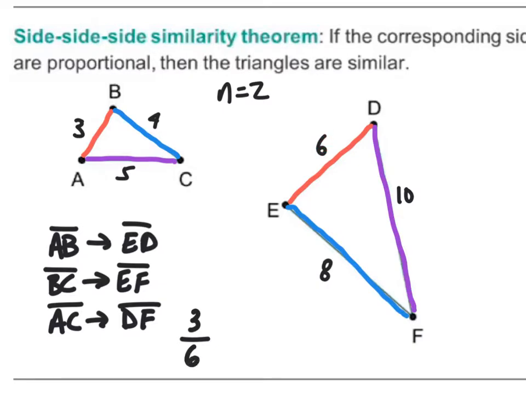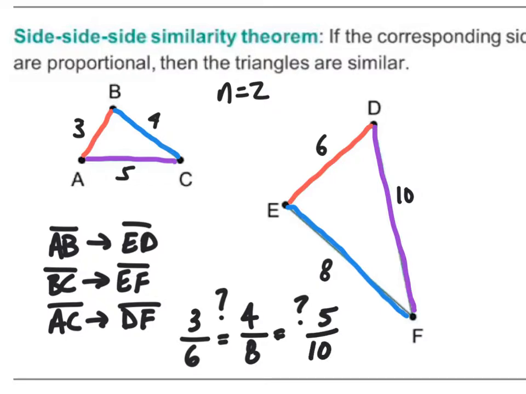And then is that equal to length BC, which is 4, divided by length EF over here, which is 8? And so is that equivalent? And is it equivalent to the third side? I would take segment AC, which is 5, and divide it by its corresponding segment, DF, which is 10.